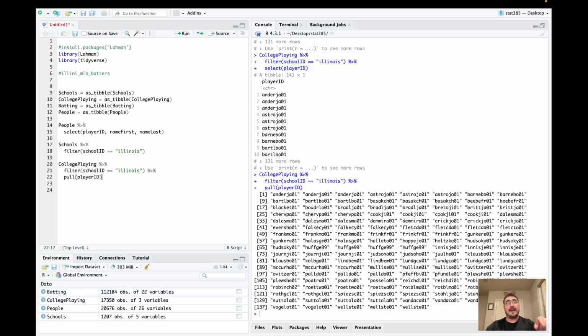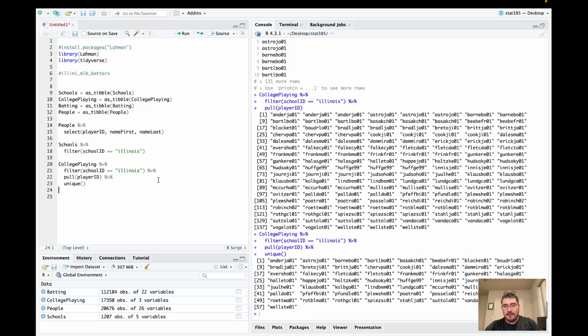But this has repeats due to people staying in college for more than one year and playing baseball for more than one year. So I can use the function unique to get the unique entries of this vector. Note this Ander J01. Now it's just the unique entries, and it's much shorter.